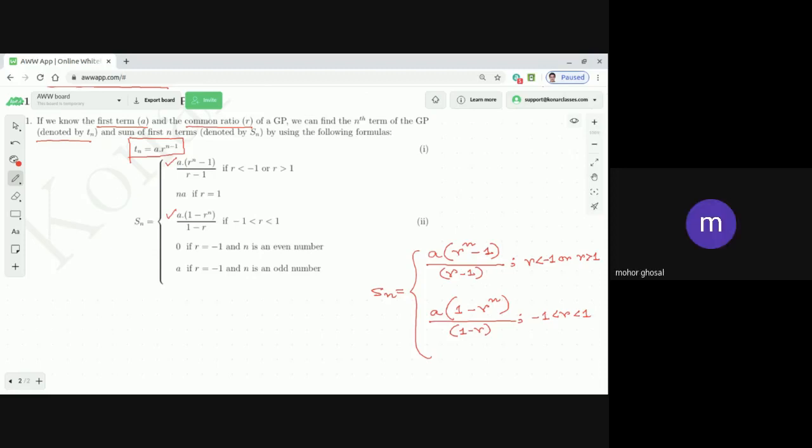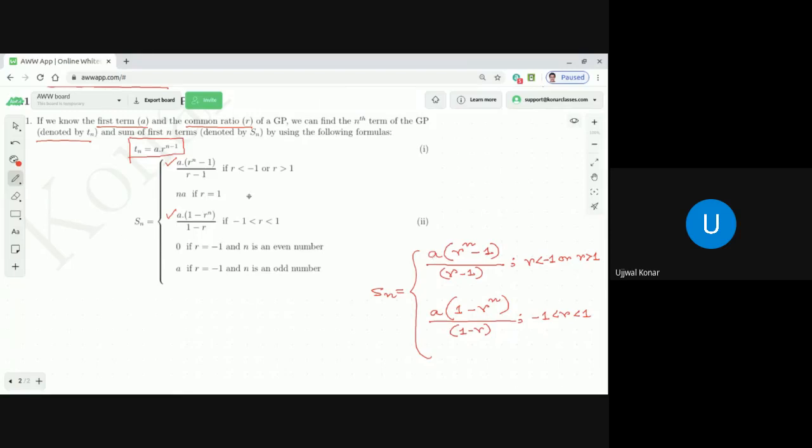So Sn, the sum up to the first n terms, is equal to A into R to the power n minus 1 by R minus 1 when R is greater than 1 or R is less than minus 1. And for the rest of the cases, when R is in between minus 1 and plus 1, the formula is A into 1 minus R power n by 1 minus R. These are the two major branches.